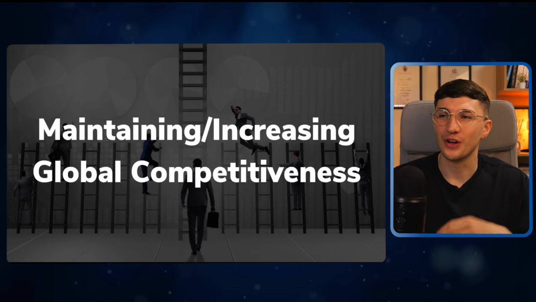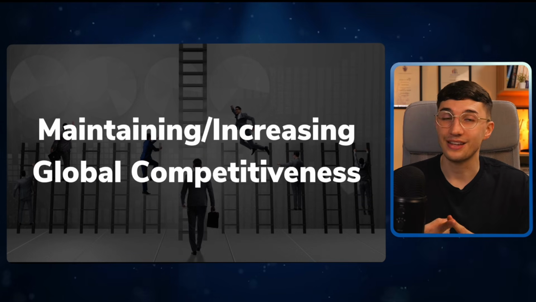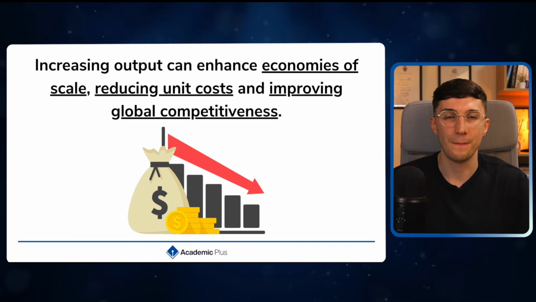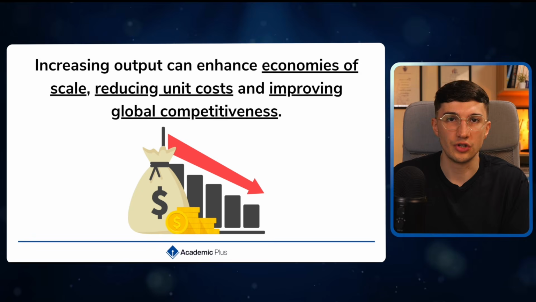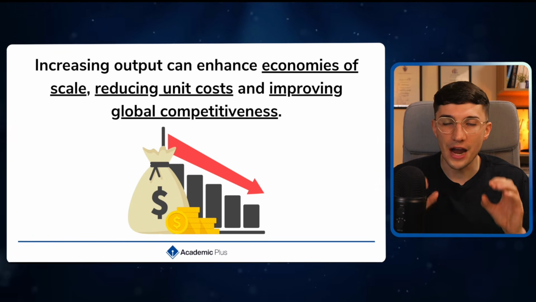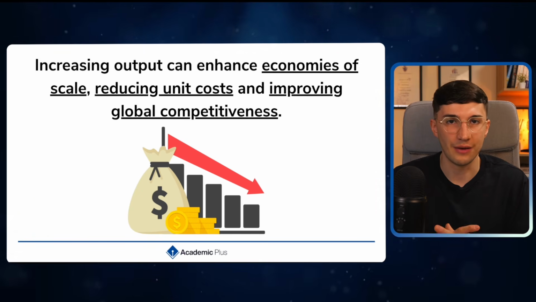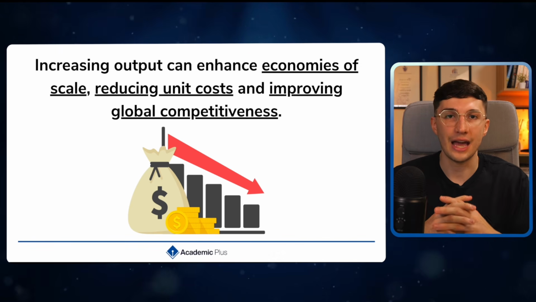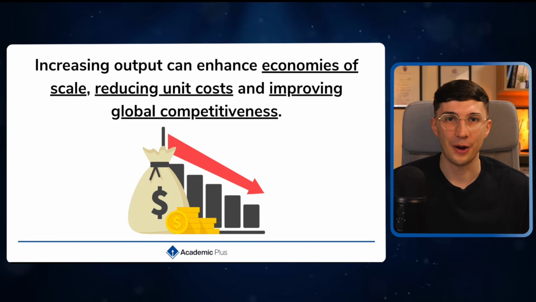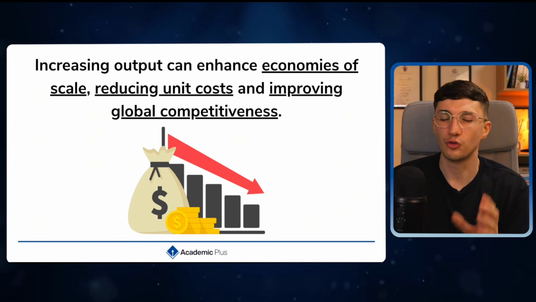And the very final reason we could also look at is either maintaining or increasing our global competitiveness. Now think a global merger or even a global joint venture. You're talking about two potentially very large businesses coming together. Now if that's the case, two large amounts of output coming together to make an even larger amount of output. The economies of scale, just think about it.